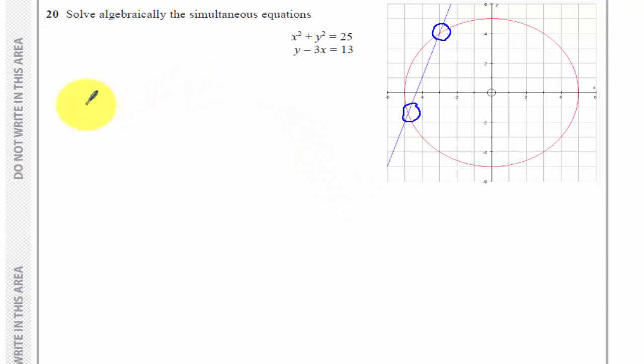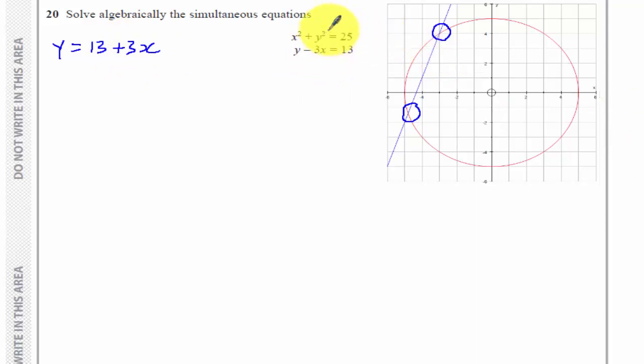The easiest way to solve this is by substitution, which is a form of algebraic solution. So y minus 3x equals 13. I'm just going to rearrange for y. So it's y equals 13 plus 3x.